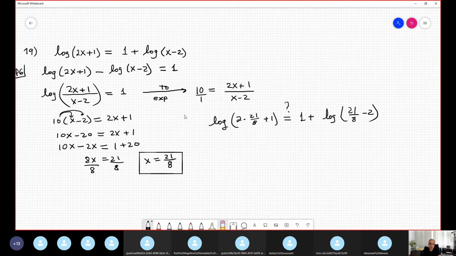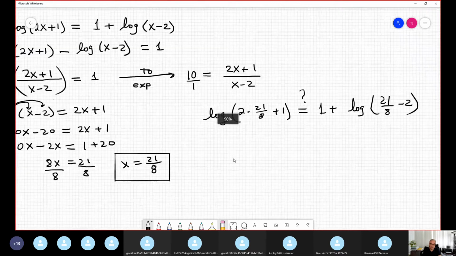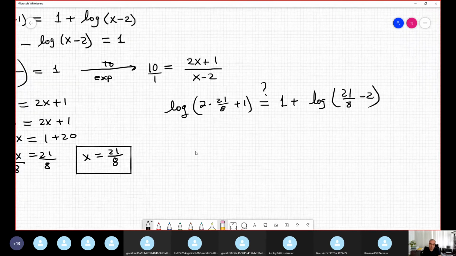Okay, let's do it. Well, in this case, I can see we can simplify a little bit. 2 and 8 divided by 2 is 1, divided by 2 is 4. Actually, it is logarithm of 21 over 4 plus 1.